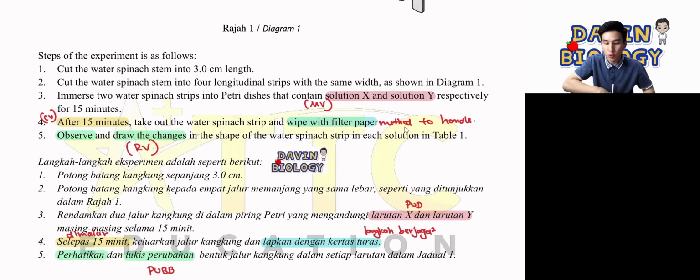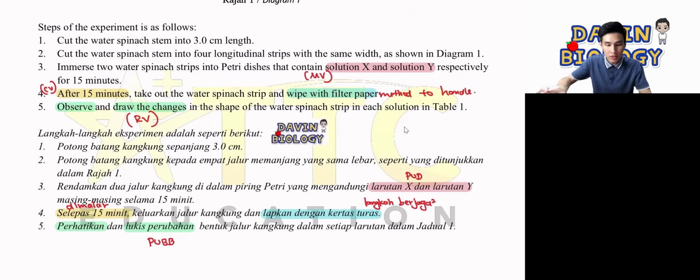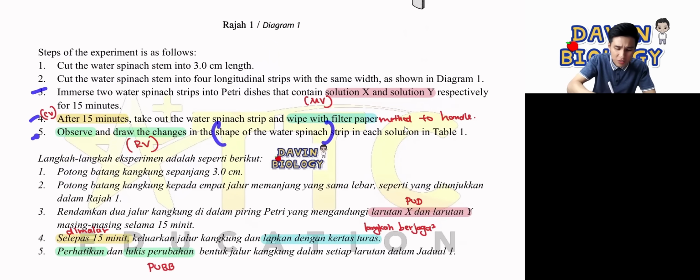After 15 minutes, selepas 15 minit, you take out the water spinach and wipe with filter paper. Wiping with filter paper is a method to handle, because it makes your result more accurate by absorbing the excess water on top of the spinach strip. Then for responding, remember, observe and draw: perhatikan dan lukis the change of shape in your water spinach. You just need to write these sentences for the procedure.